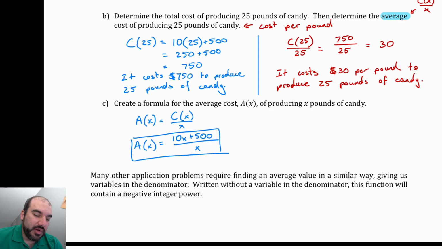So this is an example of a real-world situation where you want to find the average cost of producing X amount of candy, which results in this type of function. And we haven't really talked about how to simplify, how to graph, what the graph would look like. So far we've talked about linear functions and we've talked about quadratics, right? Linear functions are straight lines, y equals mx plus b. We've talked about quadratics, which happen when you have an x squared in your polynomial, like y equals ax squared plus bx plus c.